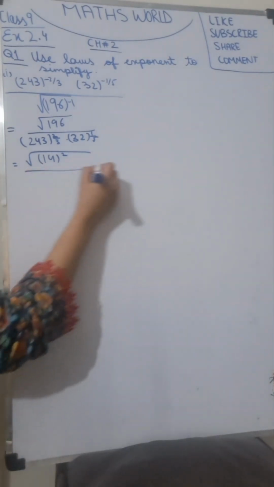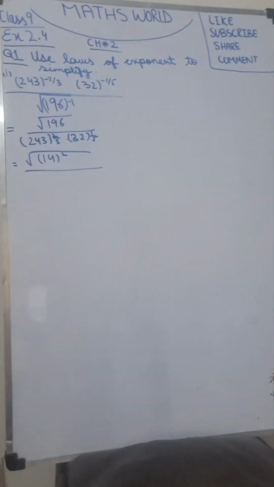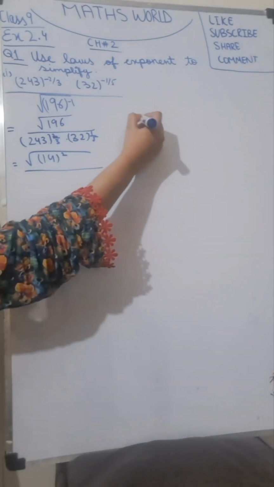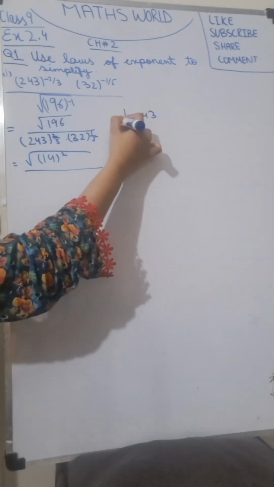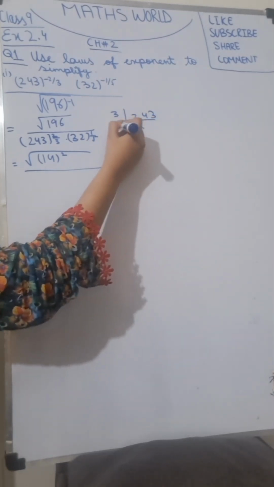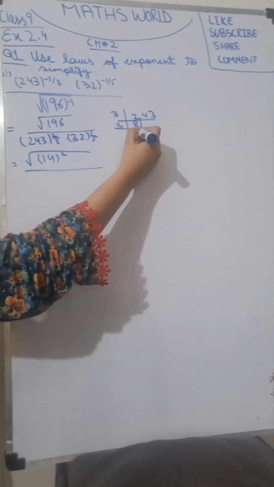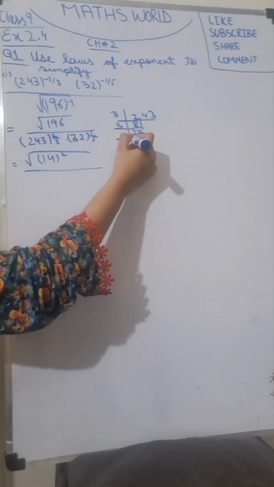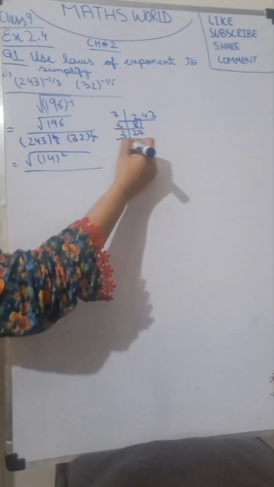Then you have 243. It is 3 power 5. If you don't know, you can simply solve it: 3 eights are 24, 3 ones are 3, and so on, 3 nines are 27, 3 threes are 9, and 3 ones are 3.